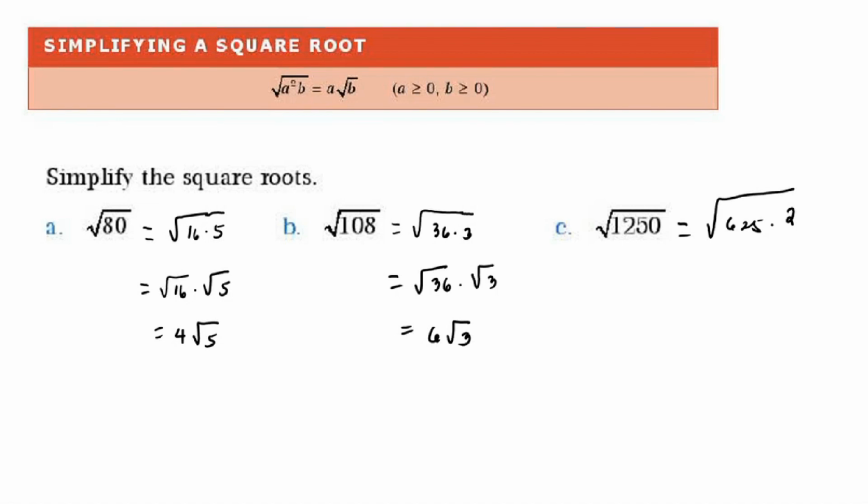And the square root of 625 times the square root of 2. Now, what is the square root of 625? The square root of 625 is 25. So therefore, the final answer is 25 square root of 2.